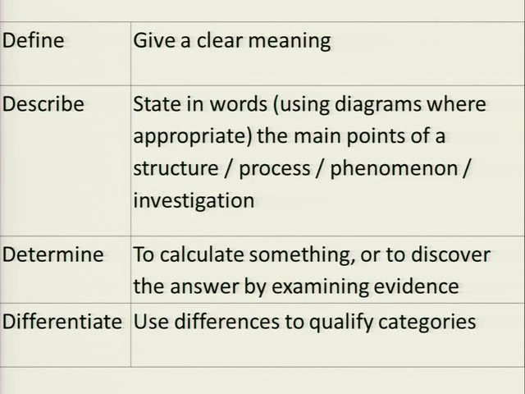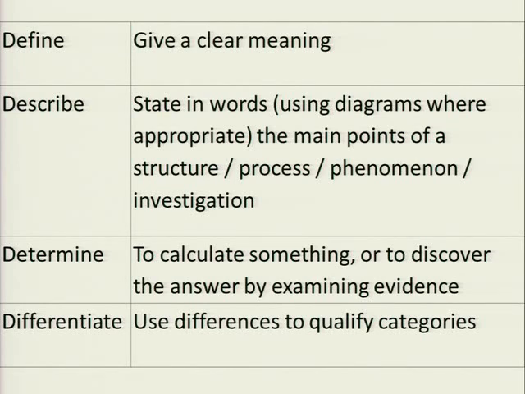And the fifth keyword will be to describe. In the question paper, every time you have to describe. When you describe, it means you must state in words, using the diagram where a diagram has been used, the main points of a structure, the process, the phenomenon, or the investigation. The other one will be to determine.